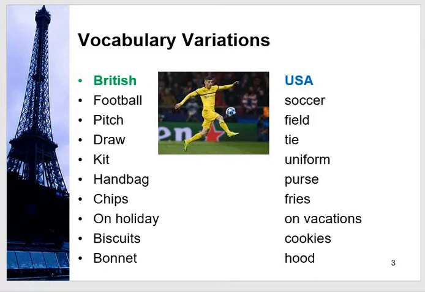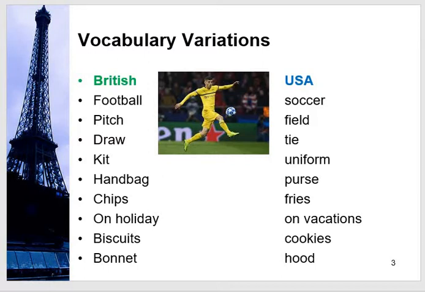Now we find the comparison of vocabulary of British and American English. British call it football and Americans call it soccer. British say pitch and Americans say field. British say draw, the match has been drawn, or the match is a draw; Americans say tie. British say kit, and Americans say uniform. British say handbag, and Americans say purse.